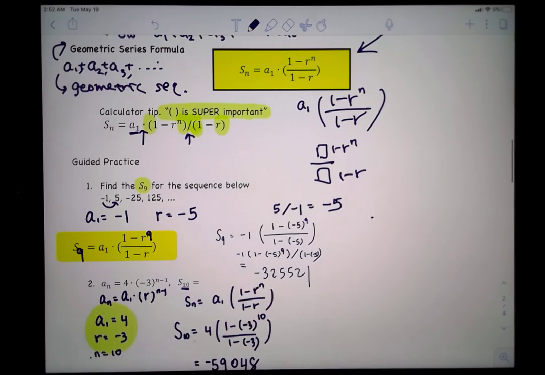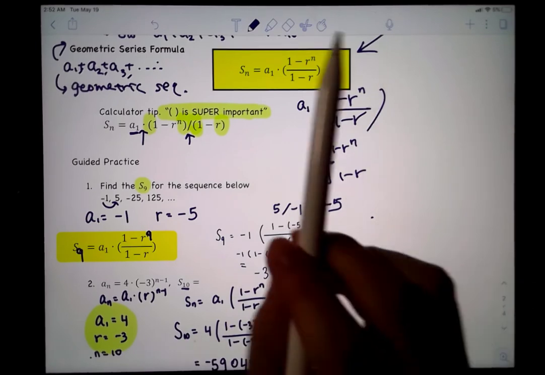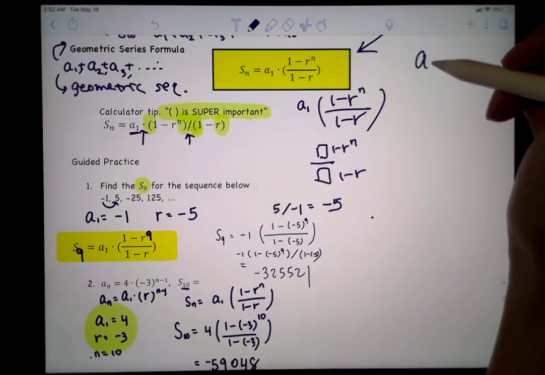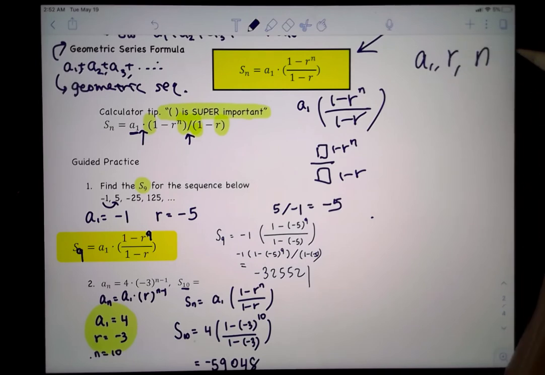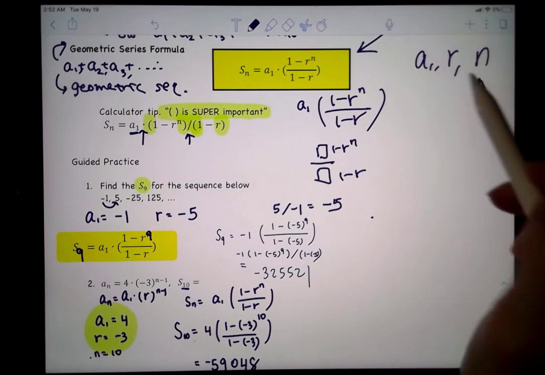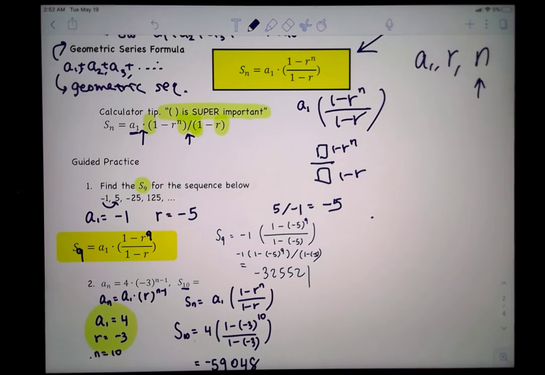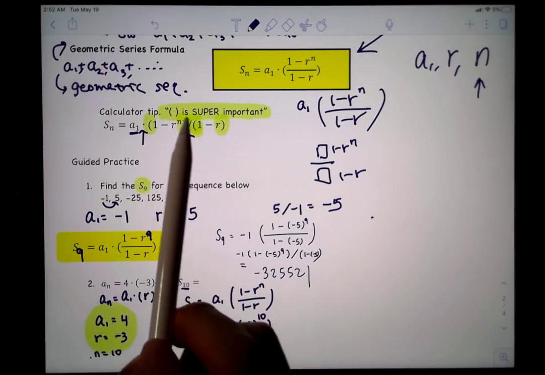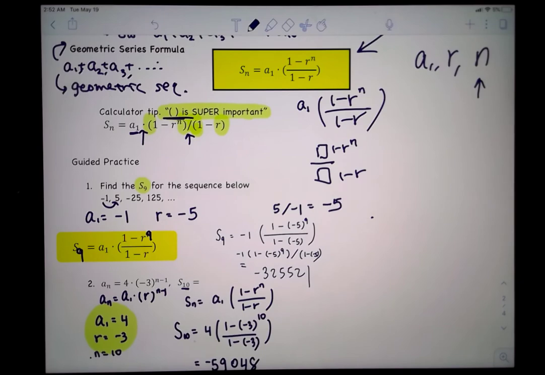All right, so once you get this formula, all you need to do is find A1, R, and N. N is like the term number. So whenever you know these three things, you can just plug it into the formula and calculate it with a calculator. Alright? And I told you parentheses are super important.